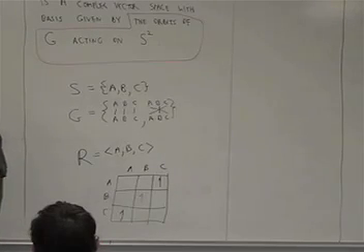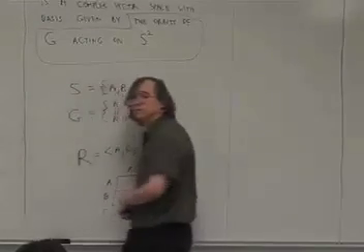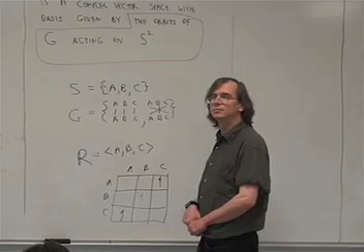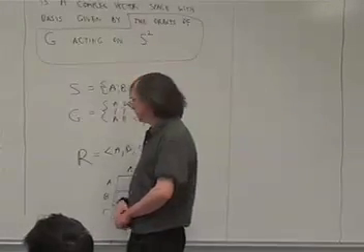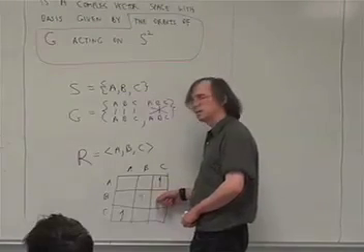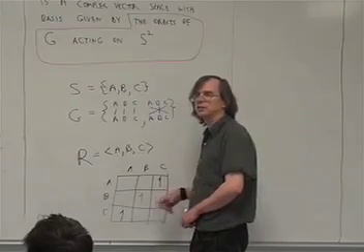The objects are vector spaces on which your group acts, and the morphisms are linear operators that commute with the group action. So he labeled this Hom, the vector space of all linear operators from R to R such that they commute with the group action. That's exactly right.